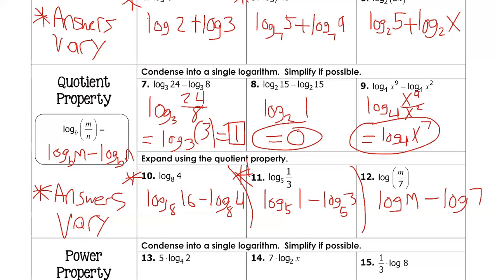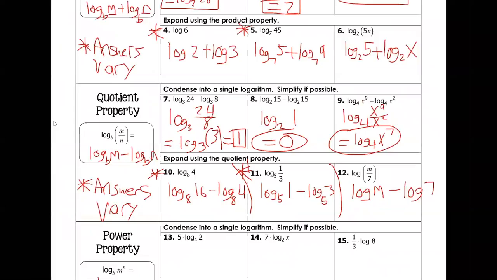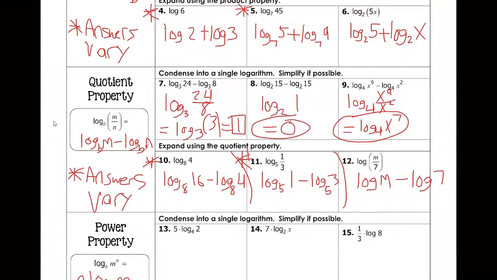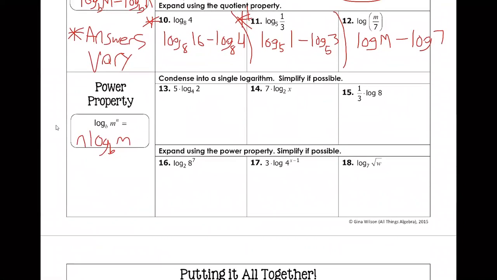Any questions about the quotient property? It's a pretty similar idea as the product property, just division and subtraction instead of addition and multiplication. So pretty similar ideas. The power property might be the weird one of the group.